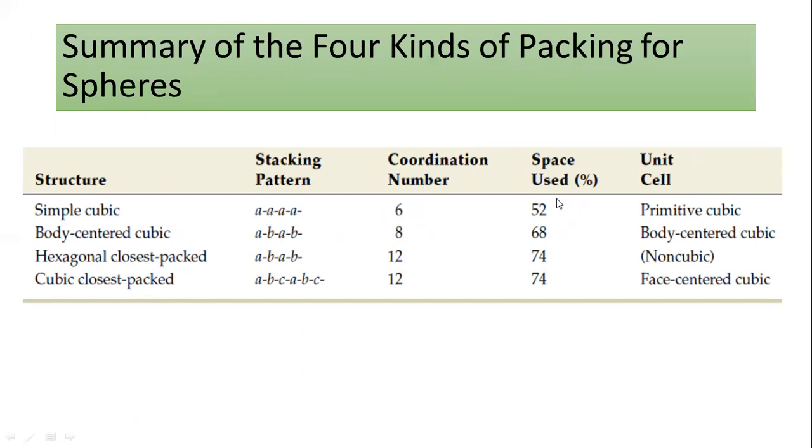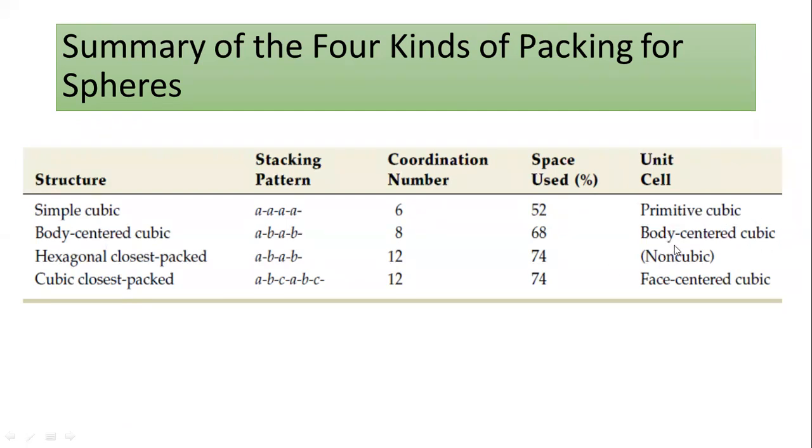The space occupied by this type of sphere is 52%, and the unit cell would be the primitive cubic or simple cubic. Or you may say, when there is a primitive cubic or simple cubic unit cell, then the stacking pattern or packing of these spheres would be simple cubic.